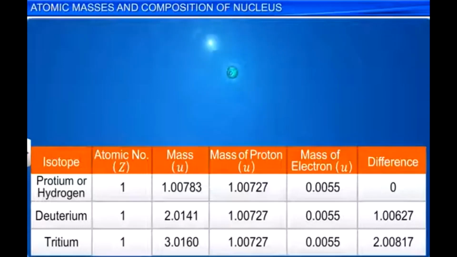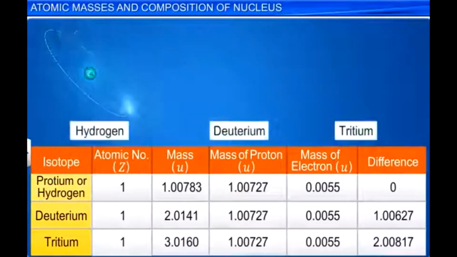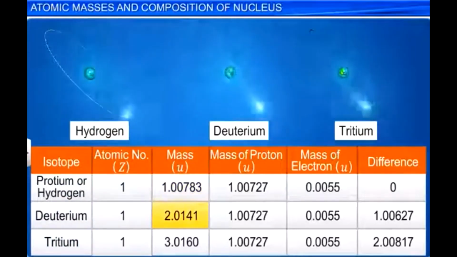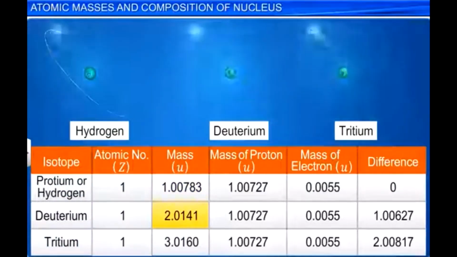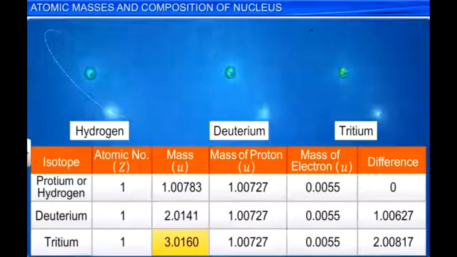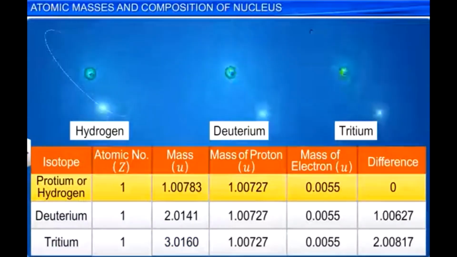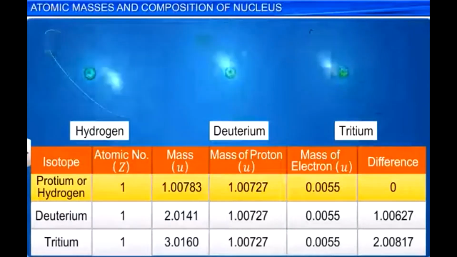For example, hydrogen has 3 isotopes whose atomic masses are 1.0078 AMU, 2.0141 AMU and 3.0160 atomic mass units respectively. If we look at hydrogen, its atomic mass is exactly equal to the sum of the masses of the proton and the electron in it.